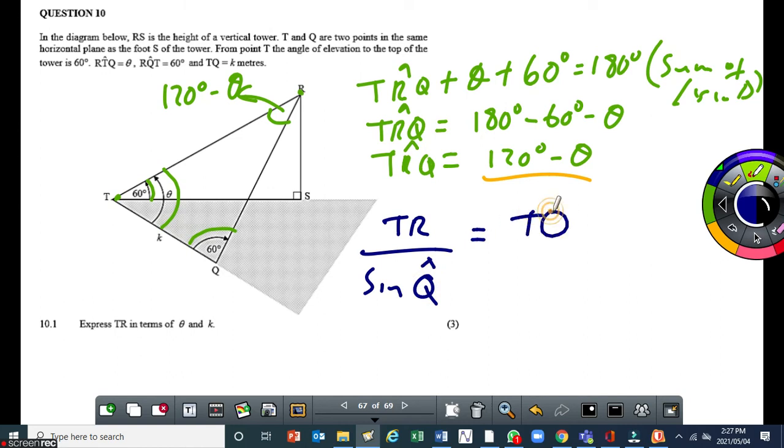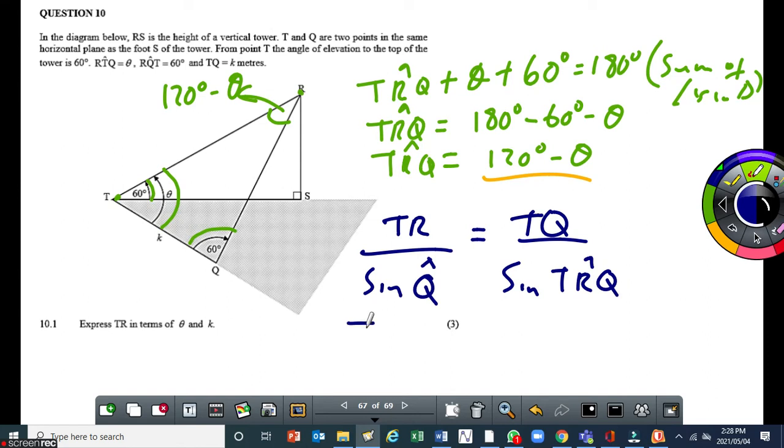I hope you remember your sine rule. That's the sine rule. It's not the answer. Then from there, I need to make that TR the subject.